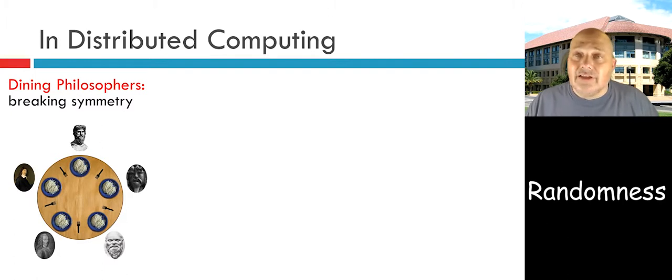But if they're using a randomized algorithm, they can eat very frequently. Every time that they want to eat, they will choose to look to the right or to the left randomly, and this will break the symmetry that we were worried about.